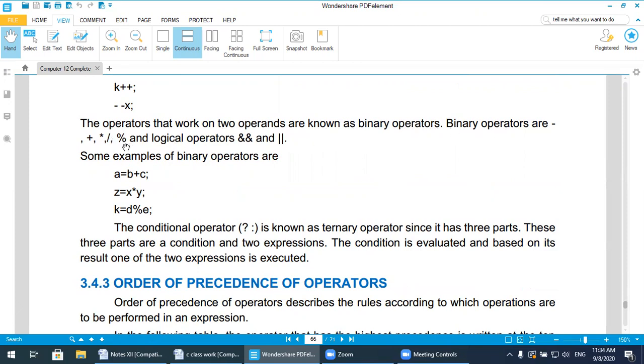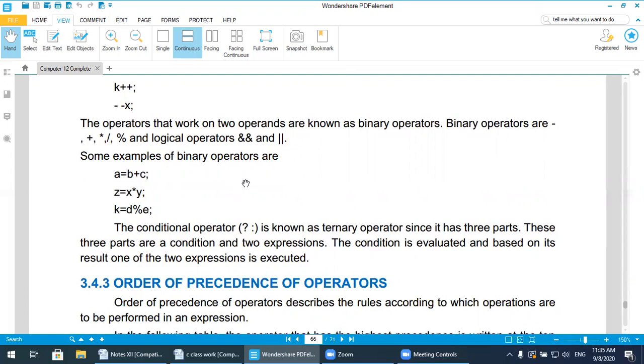Binary operators are plus, multiply, slash, modulus operator or remainder operator. Slash is used for the quotient, and the modulus operator, the percentage symbol, is used for the remainder. And the logical operators and, or. The logical operator not is a unary operator, but logical operator and is a binary operator, and or is also a binary operator.